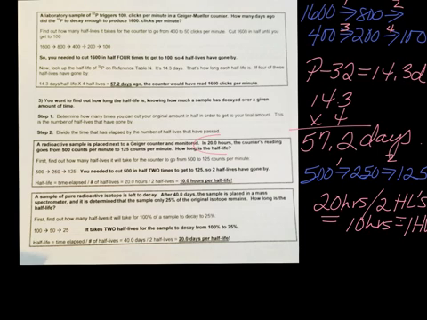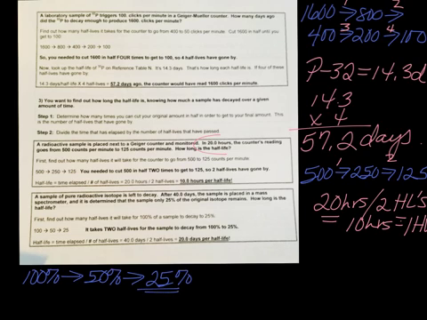Easy enough. And in this last problem, a sample of pure radioactive isotope is left to decay. After 40 days, the sample is placed in a mass spectrometer, and it is determined that the sample only has 25% of the original remaining. How long is the half-life? Well, we can always assume that a sample starts with 100%. So after one half-life, 50% is left. After another half-life, the second half-life, 25%.